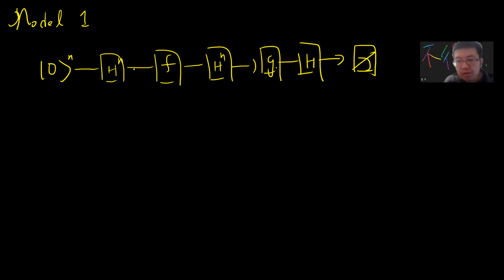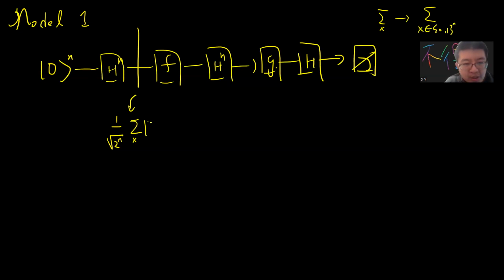Let's do it step by step. After the first steps, you get 1 over square root of 2 to the n, summation over x. When I write summation x, I just mean the sum over all n-bit strings, for convenience. So I get x and f of x. Remember this is the Boolean query model, so each f of x is plus or minus 1, so the norm is still 1.